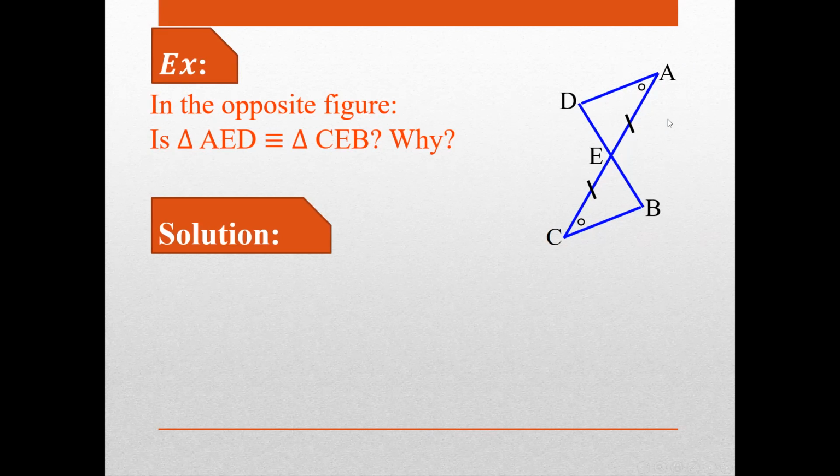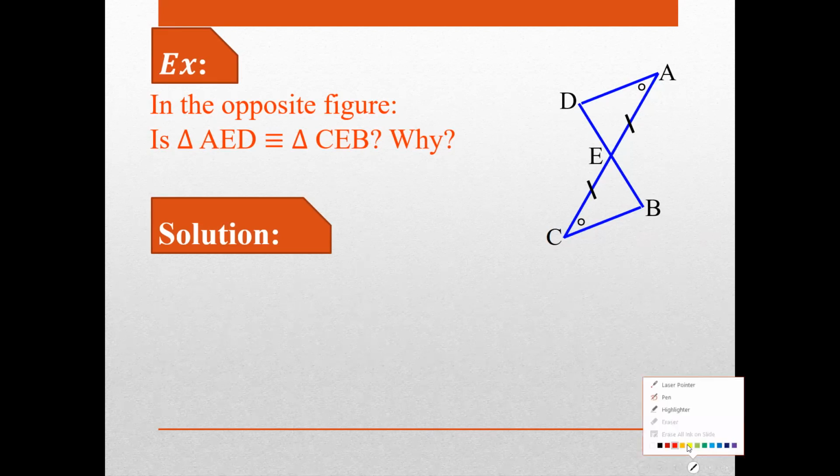We have two straight lines intersecting: DB intersects line segment AC. If two straight lines intersect, the vertically opposite angles are equal in measure.